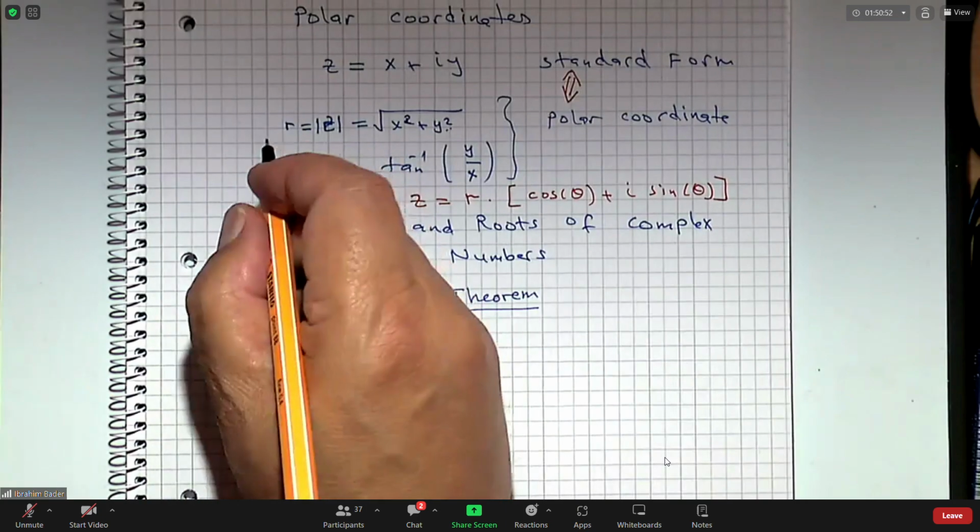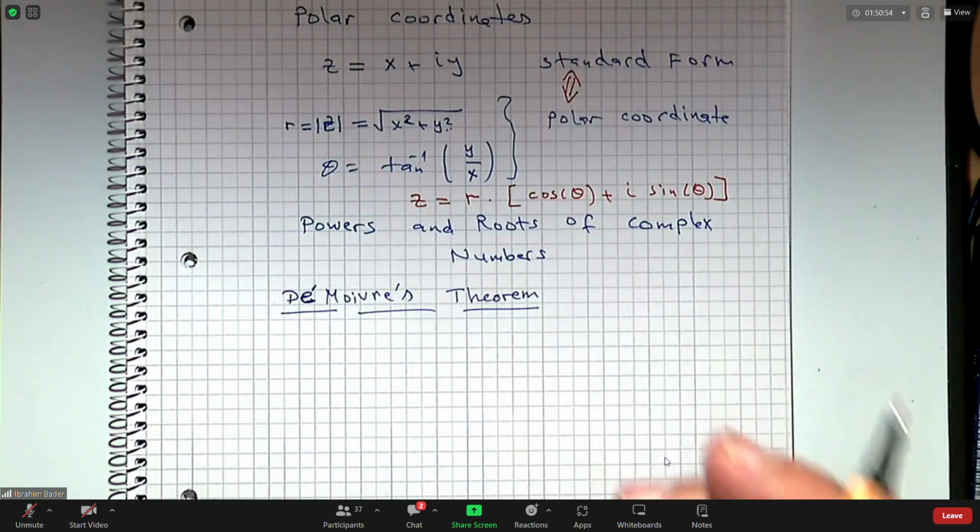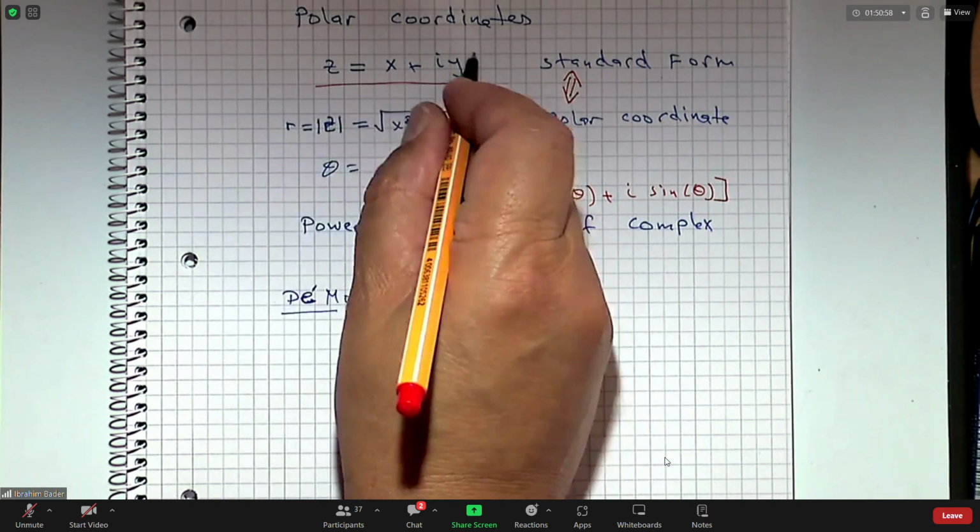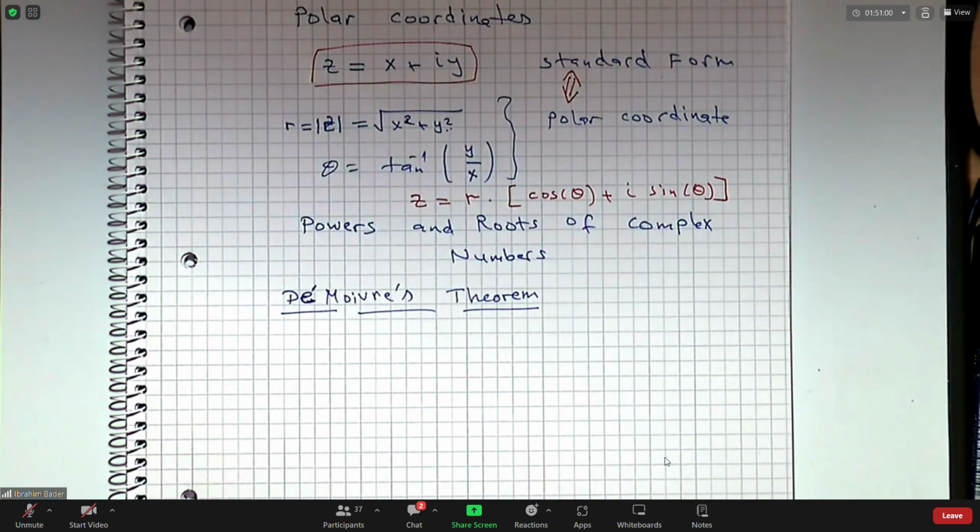So we need to find R, to find theta, and then put it in this formula to find the corresponding polar format. Now, De Moivre's theorem, luckily, helps us to evaluate exponents of complex numbers very, very easily.